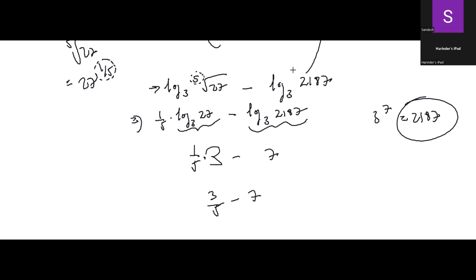Now, what does that equal? So what's 3 over 5 minus 7? How do you subtract these fractions? We're taking away 7 from 3 over 5.